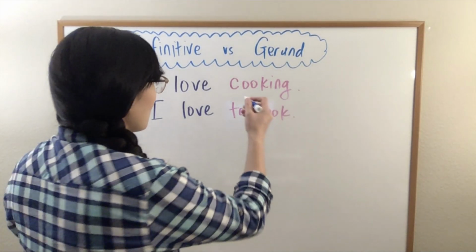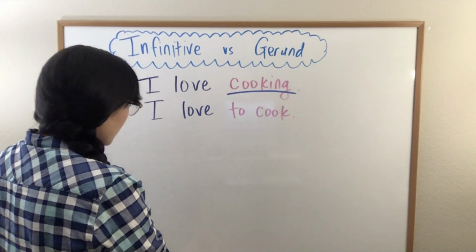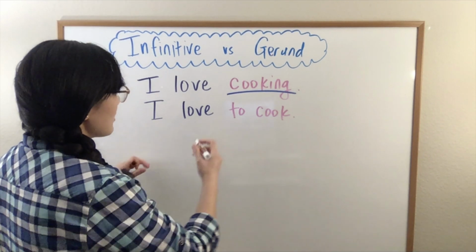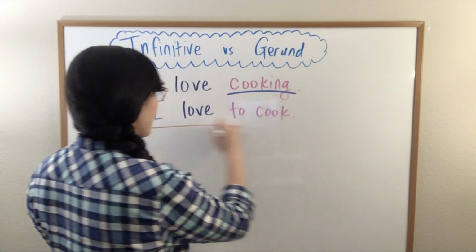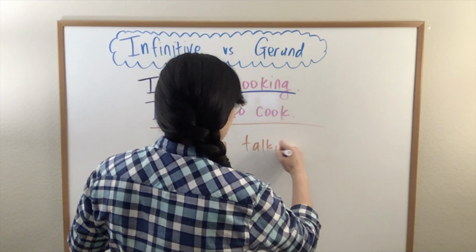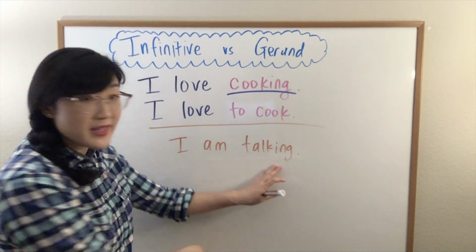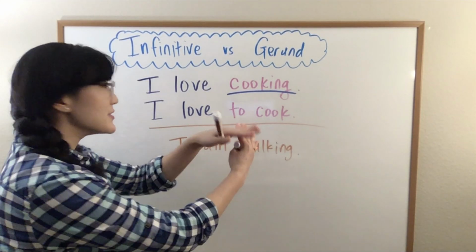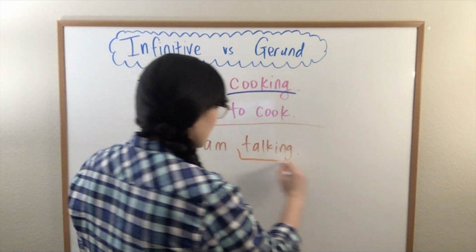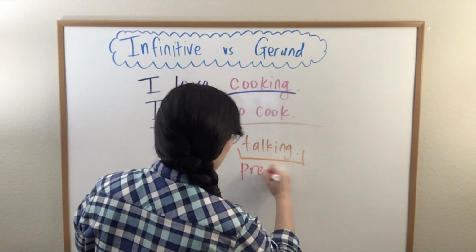Now, previously we learned that if you have a verb and the ing form, for example, let's say I am talking, this is a verb in the ing form, but this is not a gerund. This is called a present participle.